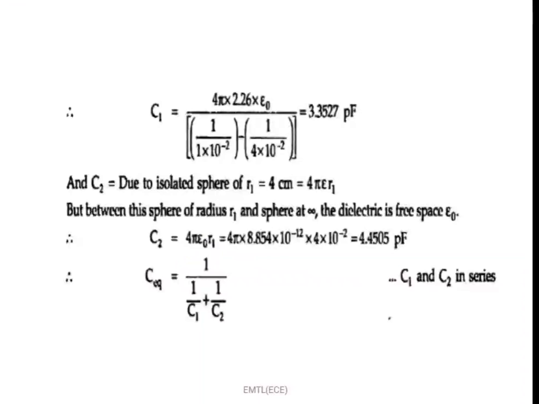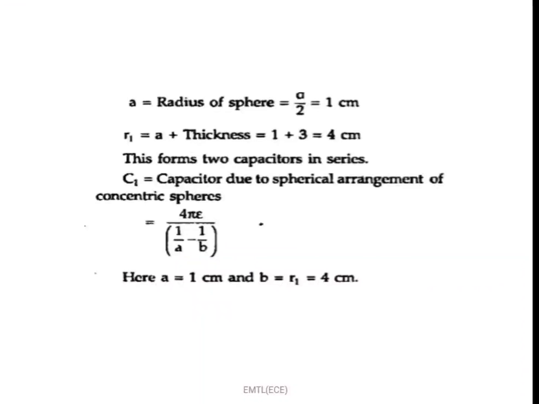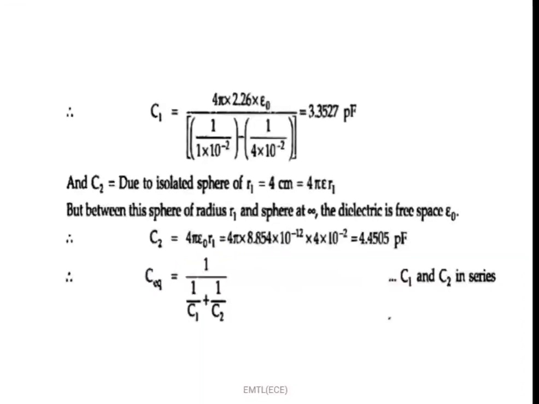So that is equal to 4 pi into 2.26 into epsilon naught, divided by 4 pi epsilon... and 1 by A, that is 1 centimeter, which we convert into meters, that is 1 × 10^-2, minus 1 by B, that is 4 centimeters, also converted into meters, multiplied by 10^-2, that is 4 × 10^-2.